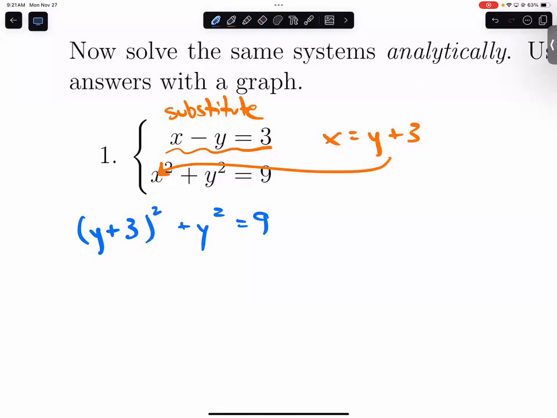Okay. Quick first check: after I do the substitution or the elimination step, which is what I just did, this should only have one unknown in it, right? So this should all be in terms of either X or Y. It's only got Y's in it. That's a good start, right? That means I can go on and solve this.